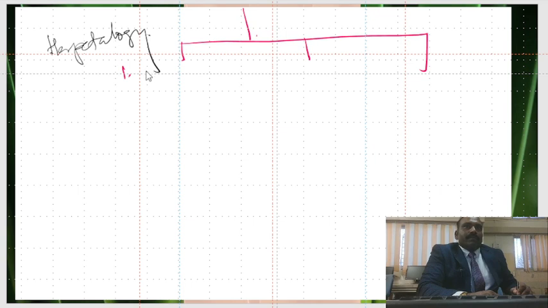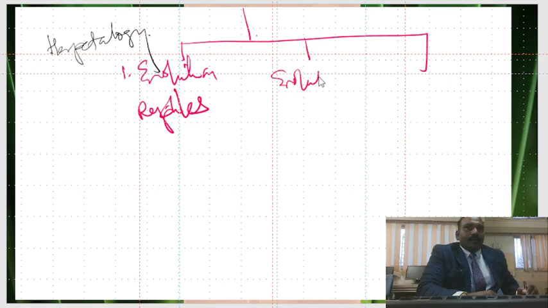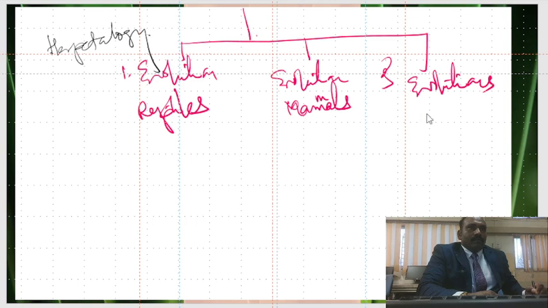The first one will be the evolution of reptiles, then evolution of mammals, and third, evolution of birds.